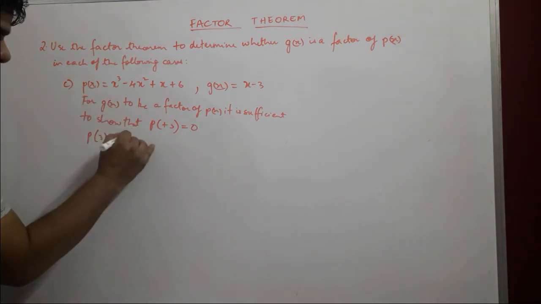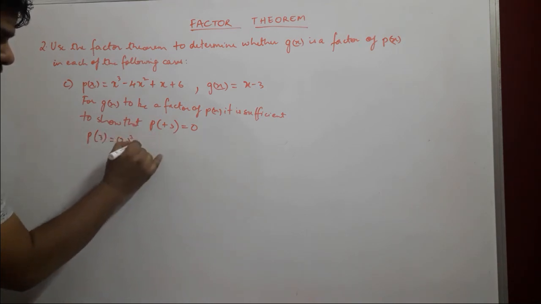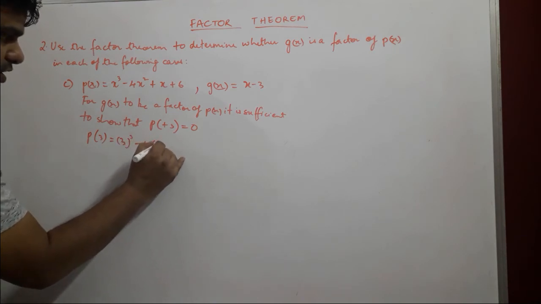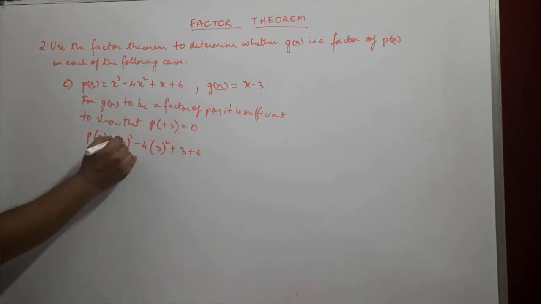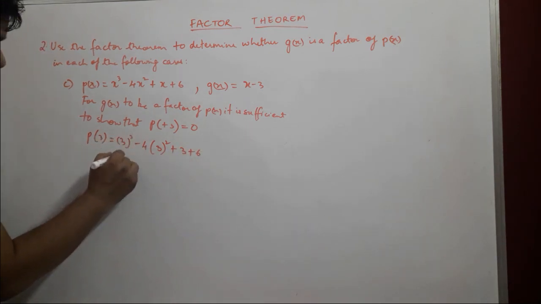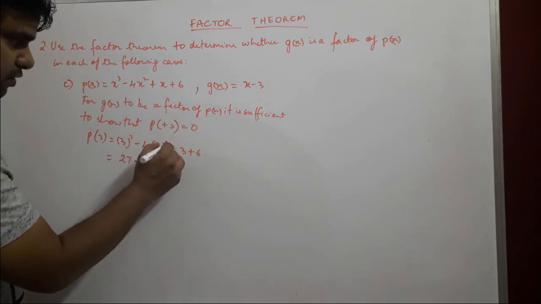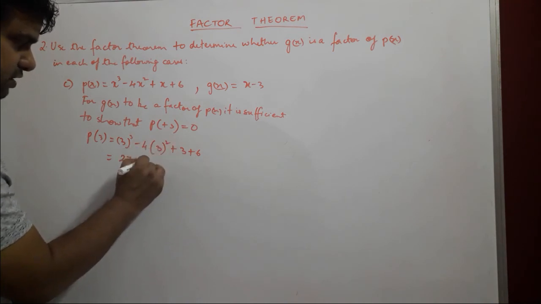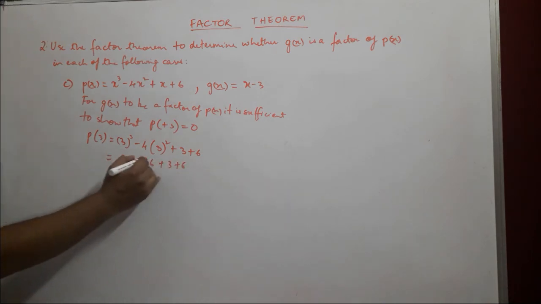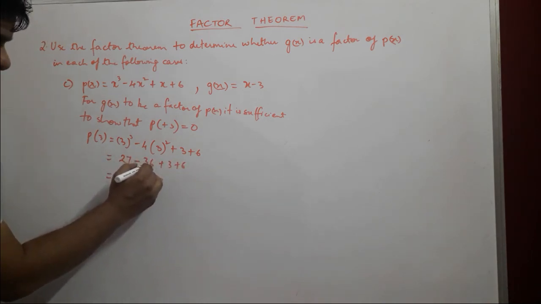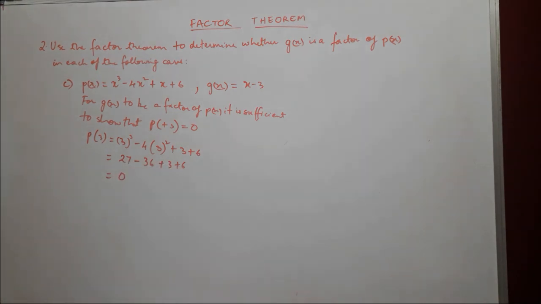So 3 cube minus 4 into 3 whole square plus 3 plus 6. 3 raised to cube comes to 27, and 3 whole square is 9. 9 into 4 is 36. So minus 36 plus 3 plus 6. So 27 minus 36 comes to minus 9. Minus 9 and plus 9 comes to 0.